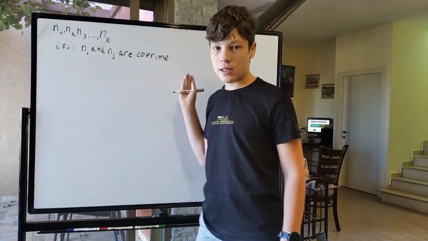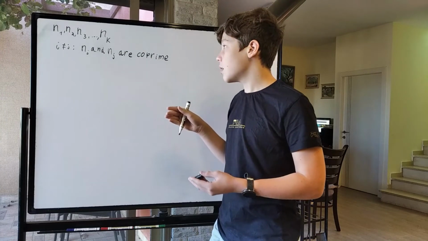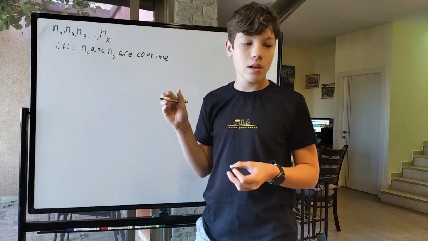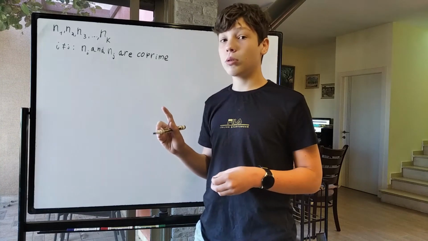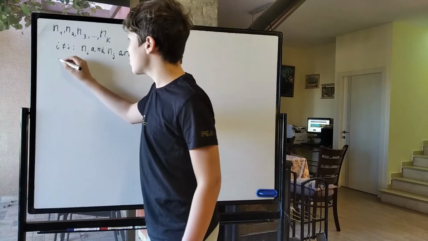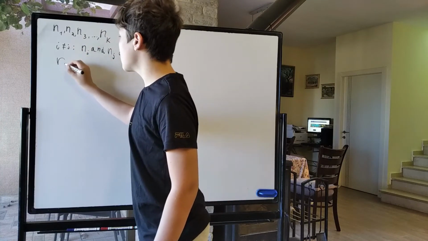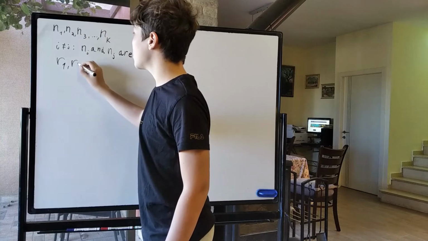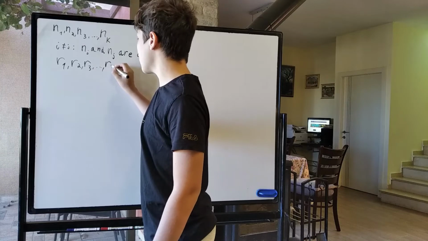So if we have this list of numbers, then we have another list, a list of k whole numbers, which we'll call the remainders. You'll soon see why. So we have k remainders, R1, R2, R3, and so on until Rk.